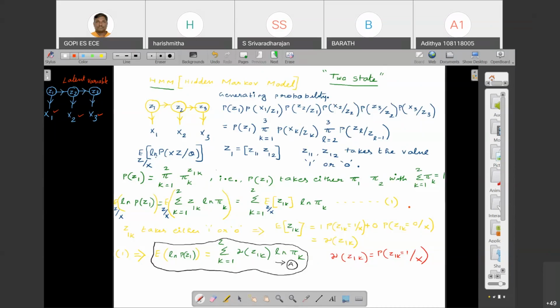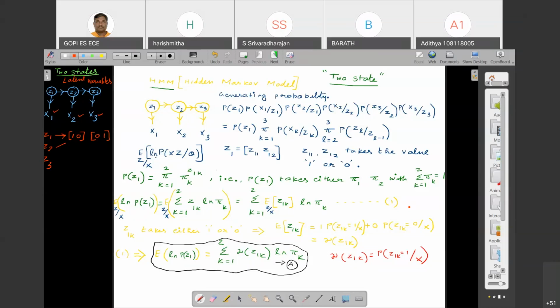So what are those variables? Basically, either z1 or z2 or z3 is going to be like a vector. For example, in our case, let us assume that we have only 2 states. It means that every vector can be generated from one among the 2 states. If that is the case, z1 can take the value 1 0 or 0 1.